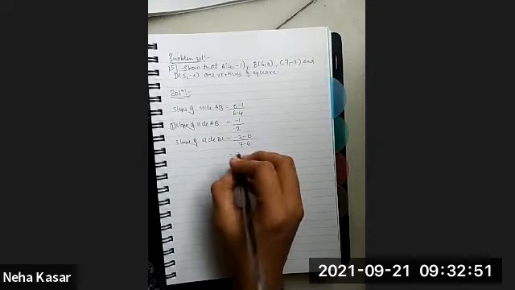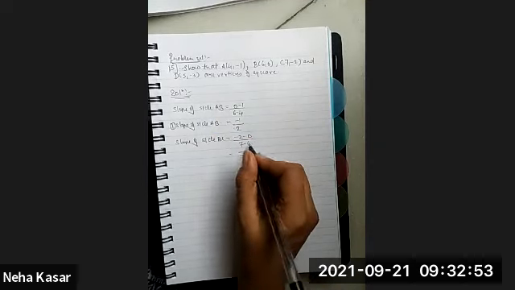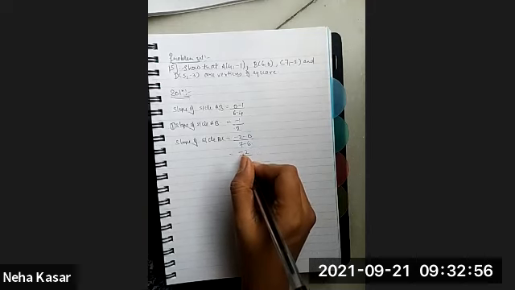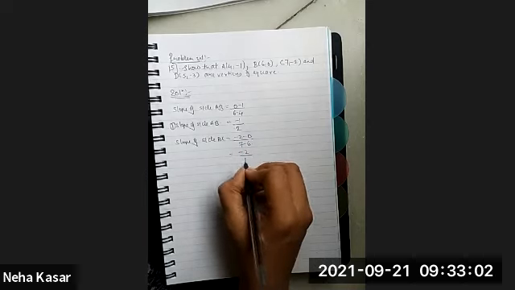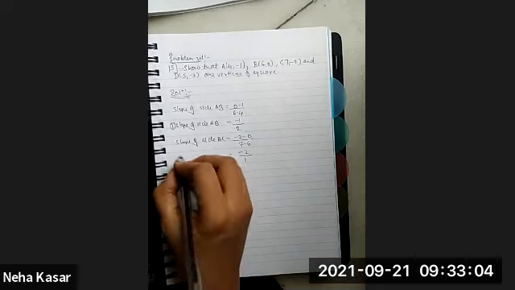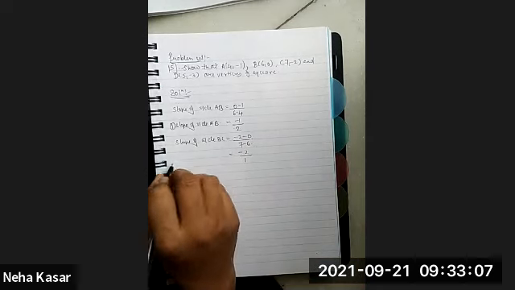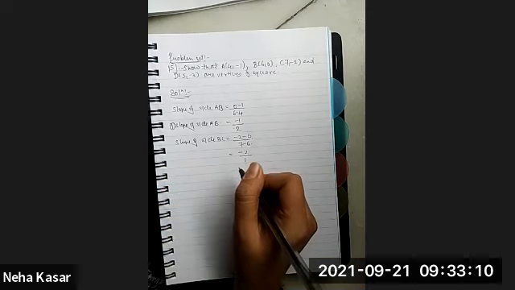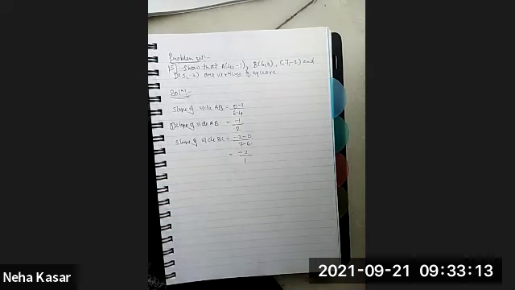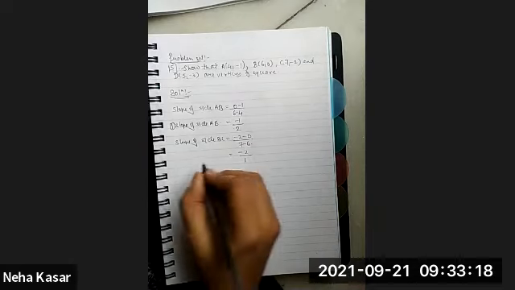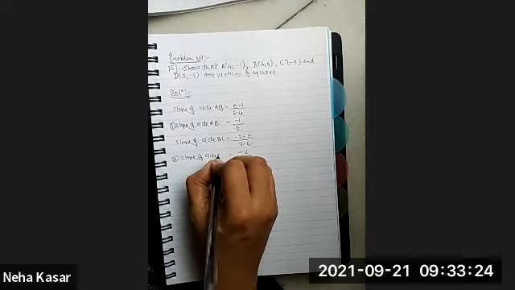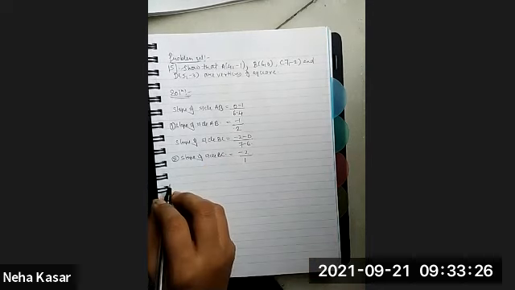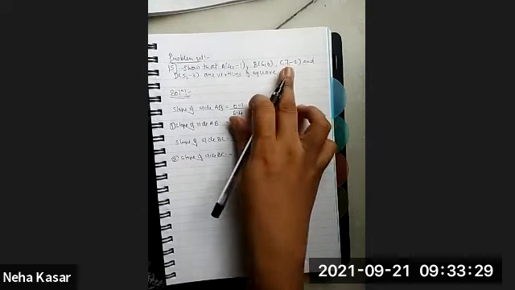So BC will be minus 2 minus 0 upon 7 minus 6. So again that will be minus 2 upon 7 minus 6, which is 1. Then slope of CD.